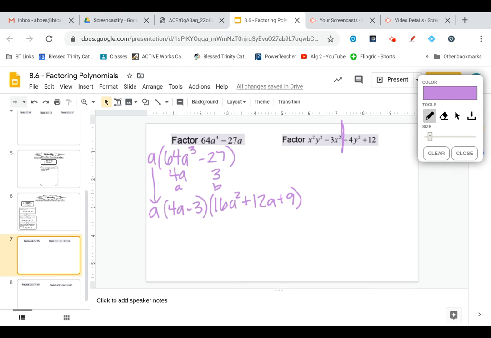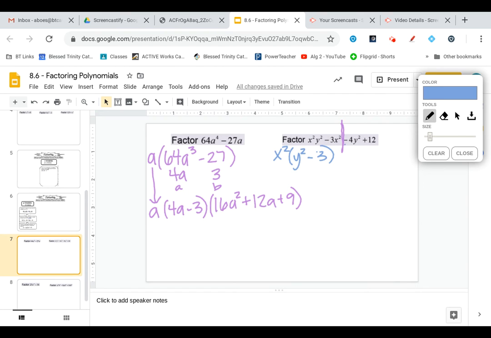So I'll write in a different color just to make our lives a little bit easier. Okay, so what can go into 3x squared y squared minus 3x squared? Well, I can factor an x squared out of both terms. That would leave me with y squared minus 3 left over. And then what can go into negative 4y squared plus 12?